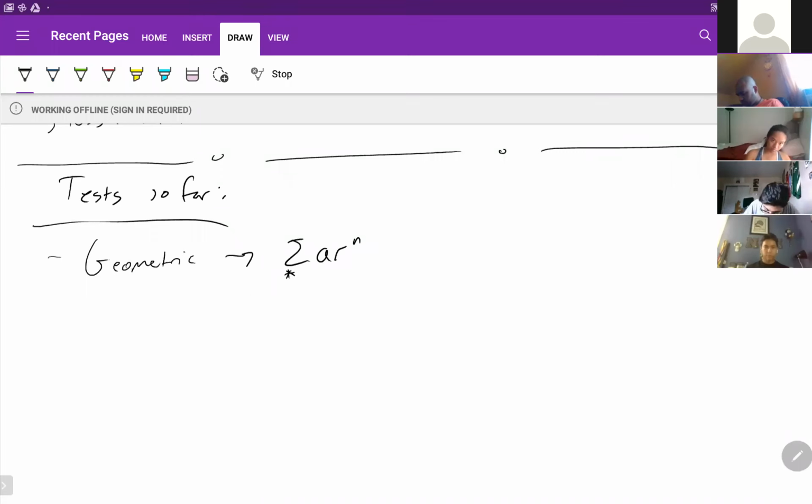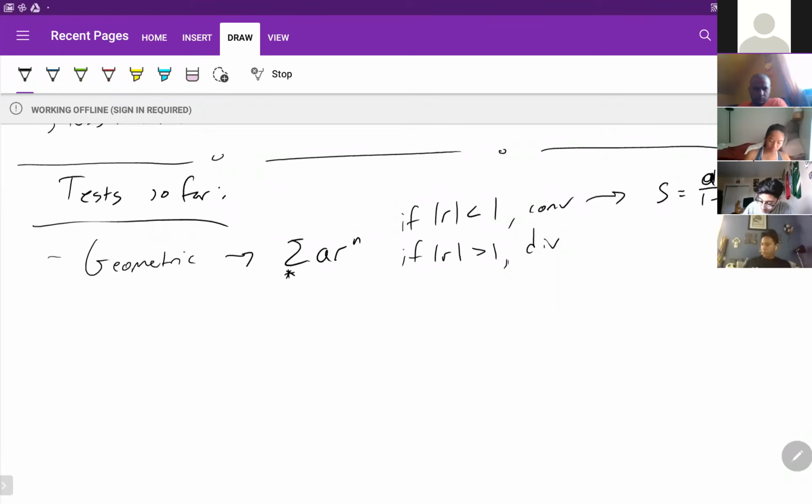Where it starts will determine your A value. If the absolute value of R is less than 1, it converges. If the absolute value of R is greater than 1, it diverges. And if it converges, then it converges to A over 1 minus R, where A is the first term.